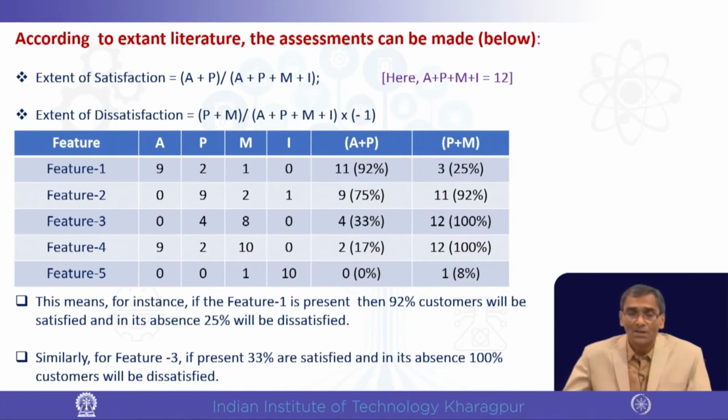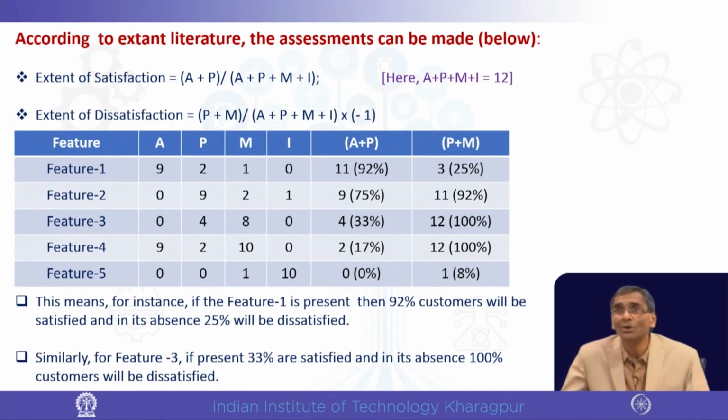All right. Similarly, it continues through features 2, 3, 4, 5, etc. Say, for example, for feature 3, if feature 3 is present, then 33% will be satisfied, and if feature 3 is absent, 100% of people, all the customers, will be dissatisfied.